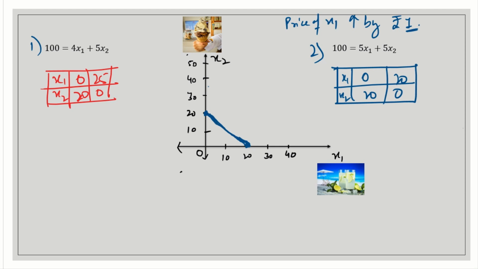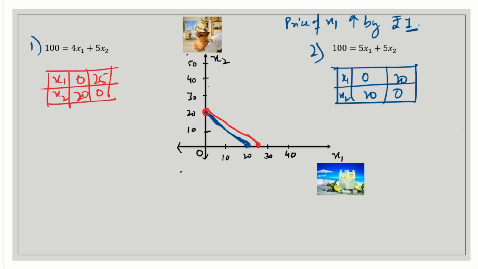Then for the first case, initially for x1 equal to 0 we had x2 equals 20, right? It is the same point, so in this case this is going to overlap. Then for x2 equals 0 we had x1 equals 25. So this was basically the initial case which we had, right?